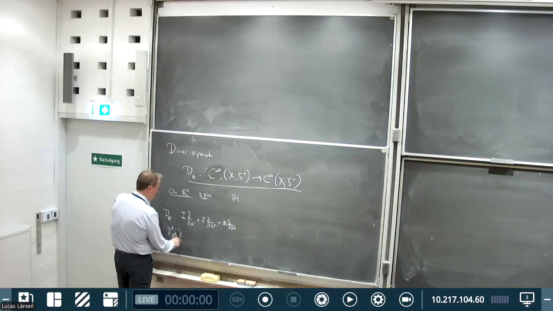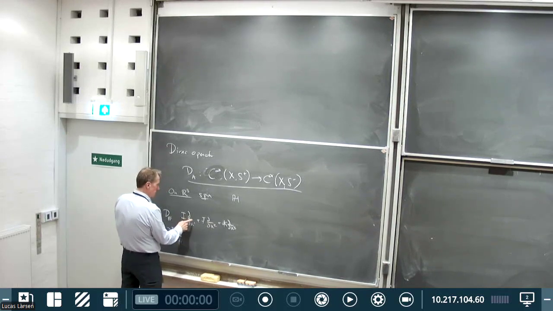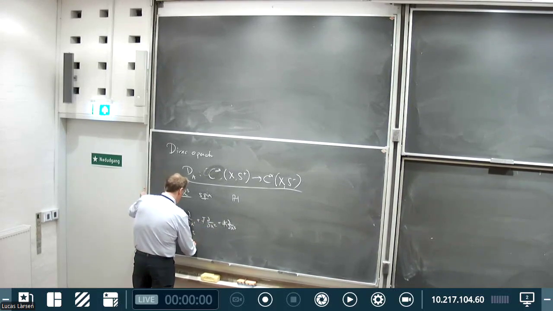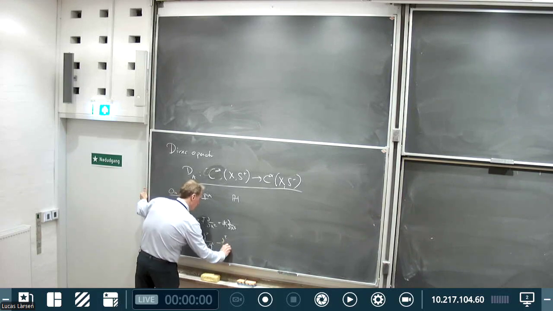then what happens? If I square each of the terms individually, we're going to get the Laplacian.